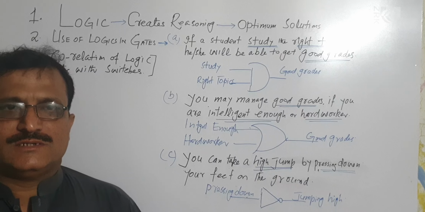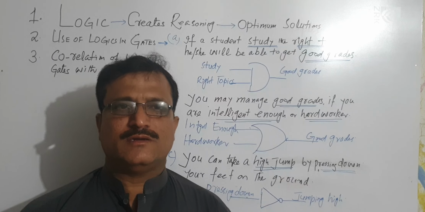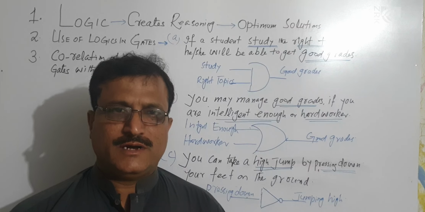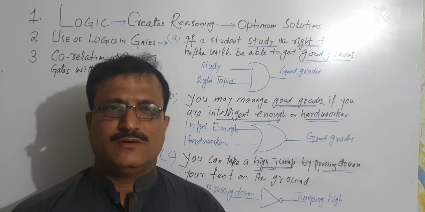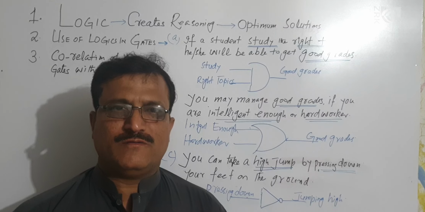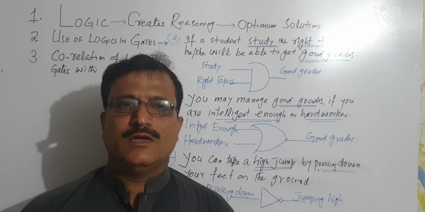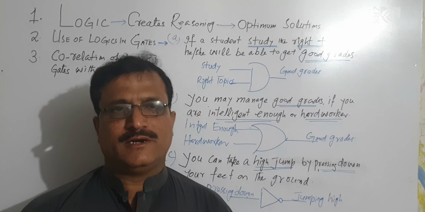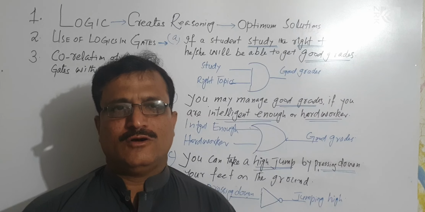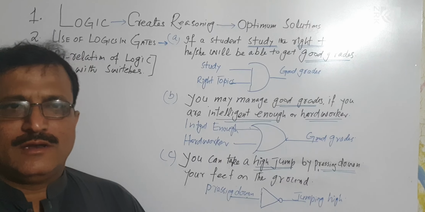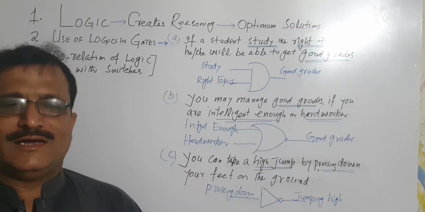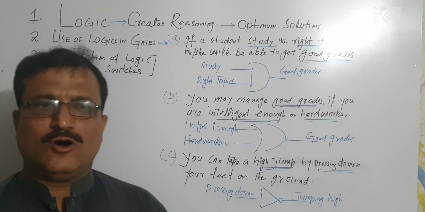And if a person is more intelligent, that person has a good power of mind. And what is the outcome of the power of mind? The outcome of the power of mind should be optimum results or better decisions. A logical mind can always give you the right decision or the optimum results.